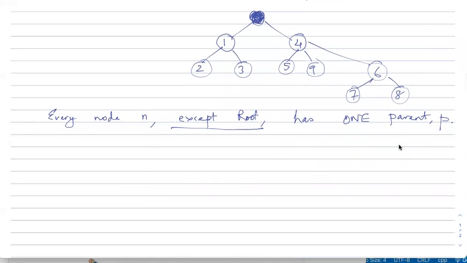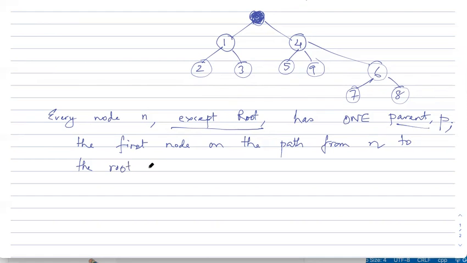So what is the definition of a parent? The parent is the first node on the path from n to the root node. So how do I know that 4 is the parent of 6?